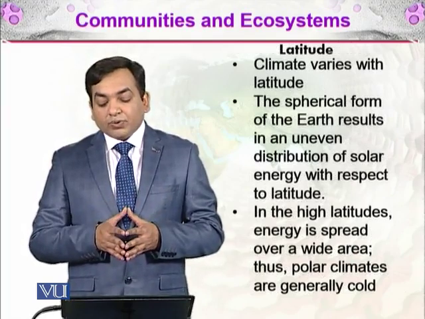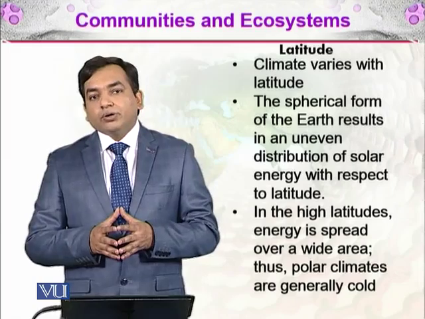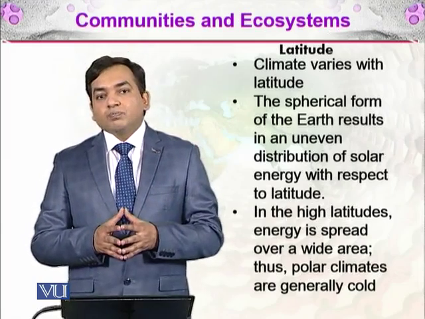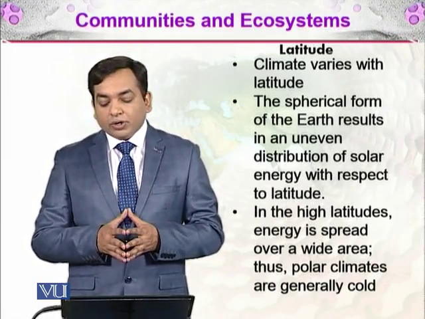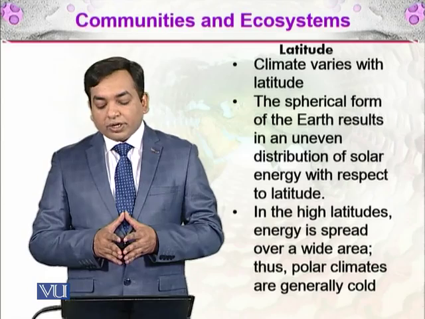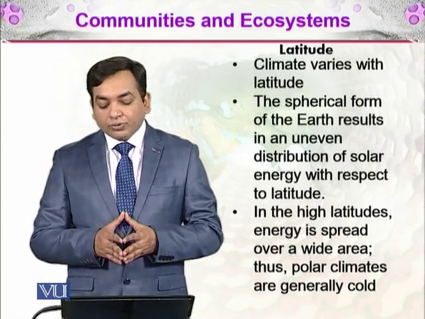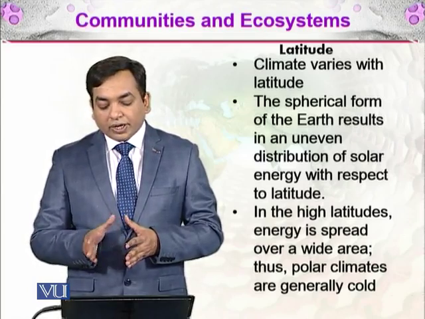The climate varies with the latitude. As you go away from the equator towards the pole, the climate will change. The spherical form of the earth results in uneven distribution of solar energy with respect to the latitude. In higher latitudes, the energy is spread over a wider area.